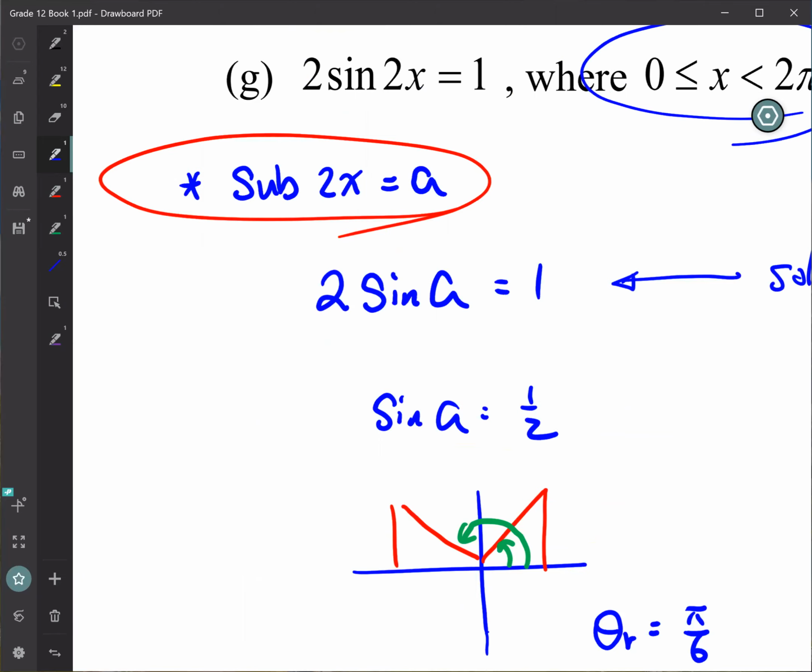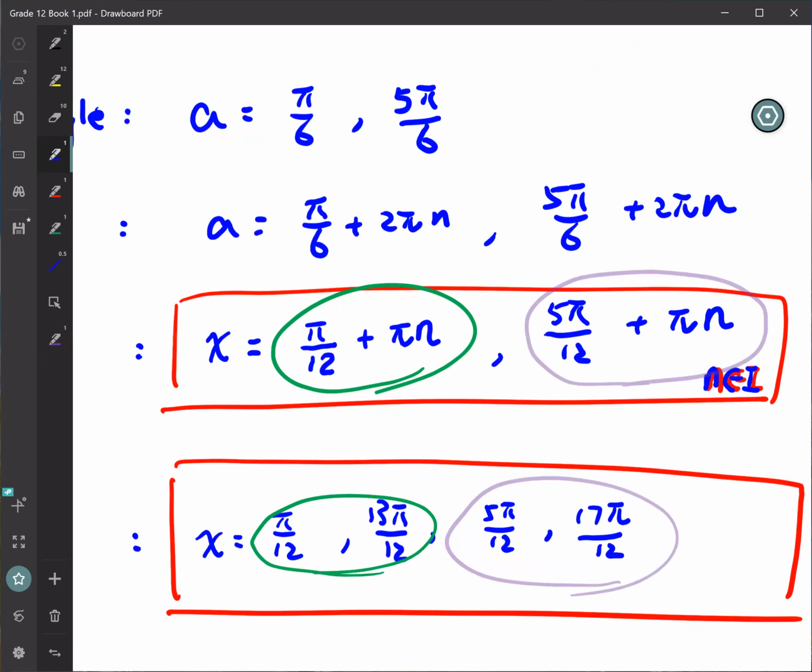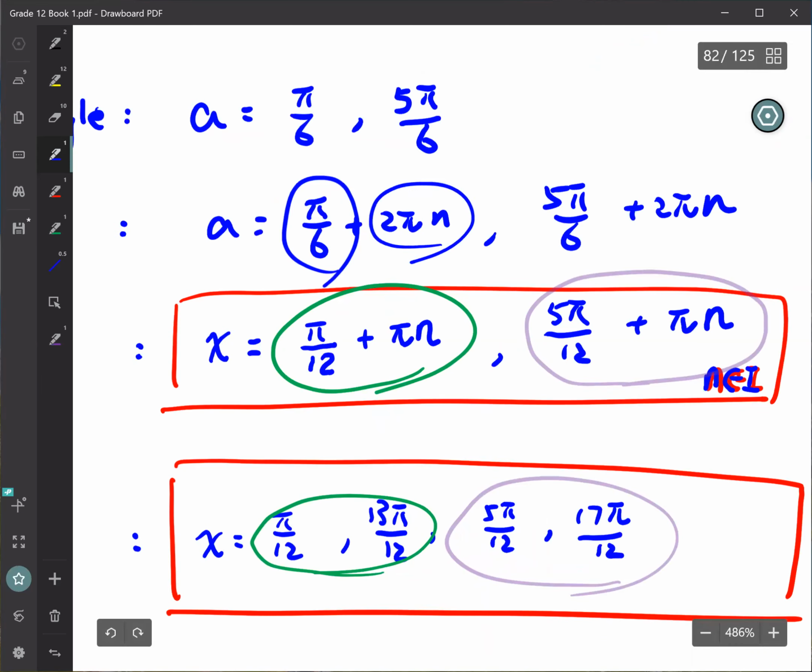So x is what we want, and a is double of what we want. So a is too big, so we need to divide it by 2. When you divide by 2, you take pi over 6 divided by 2, and also 2 pi n divided by 2. Oh, okay. 2 pi n divided by 2, that's why it becomes pi n.